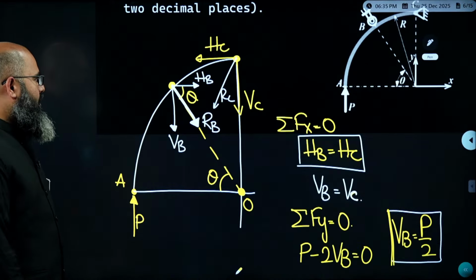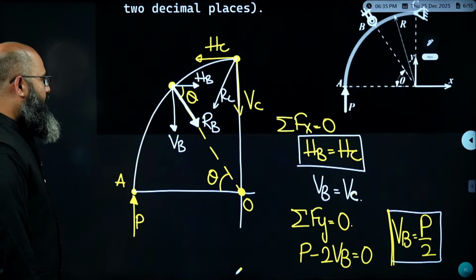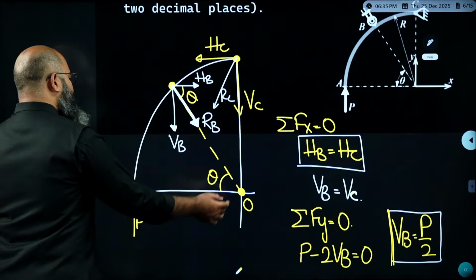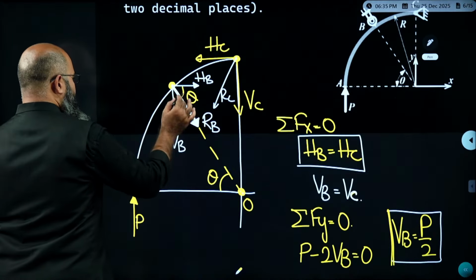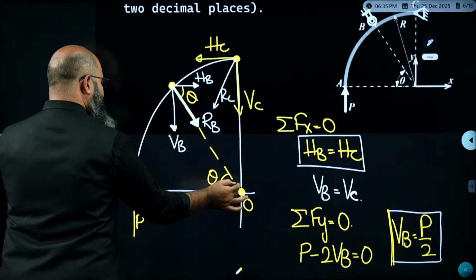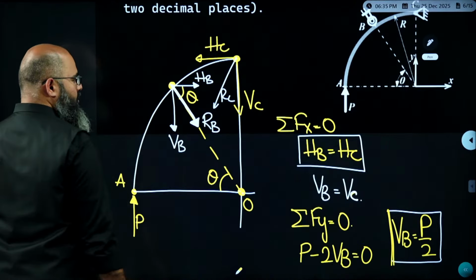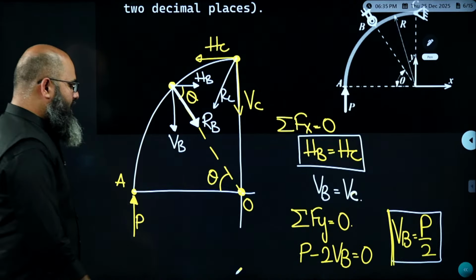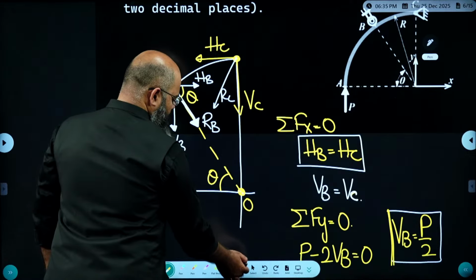To identify the value of HB, what I'll do? I'll take moment about point O is equal to 0. Mind you, RB net value is passing through O, VC is passing through O. So only P will create moment and HC will create moment.